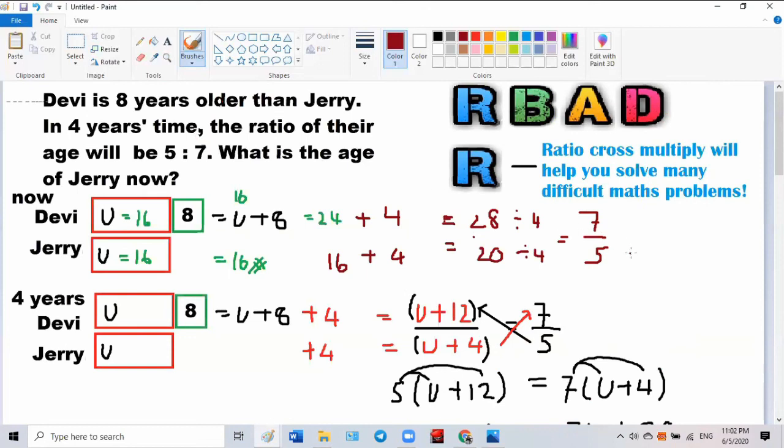So it is correct. Therefore, Jerry is actually 16 years old now. And that would be the answer.